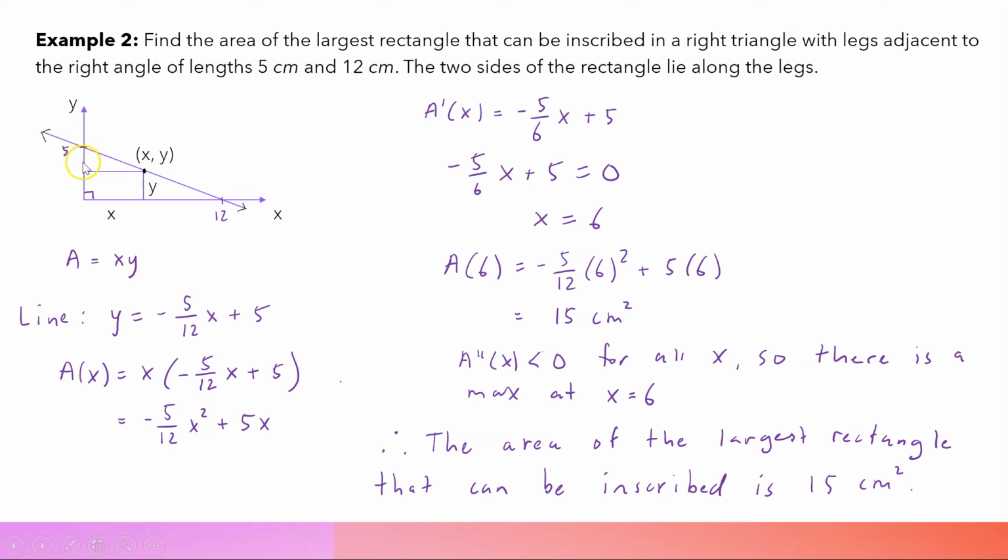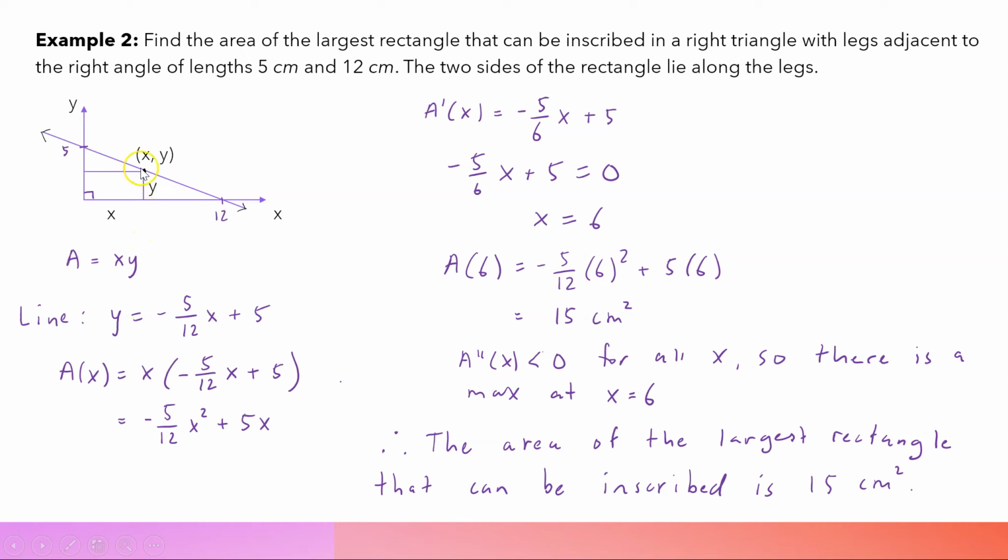So the rise in this case is negative 5 and the run is 12, so the slope is negative 5 over 12. The y-intercept is 5. Okay, so this is just an equation in y equals mx plus b form. Now the area of this rectangle that is inscribed in this triangle can be modeled with this function here. So A is equal to x times y.